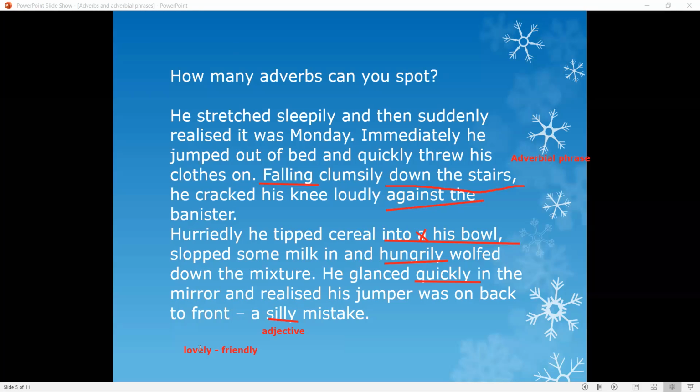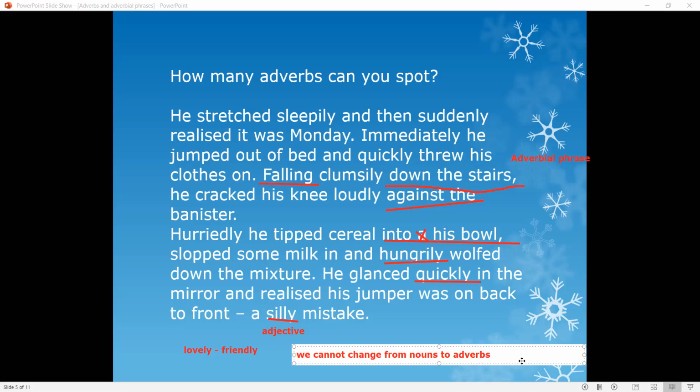Friend is a noun. When you add ly to it, it becomes an adjective. So this means that we cannot change from nouns to adverbs right away.